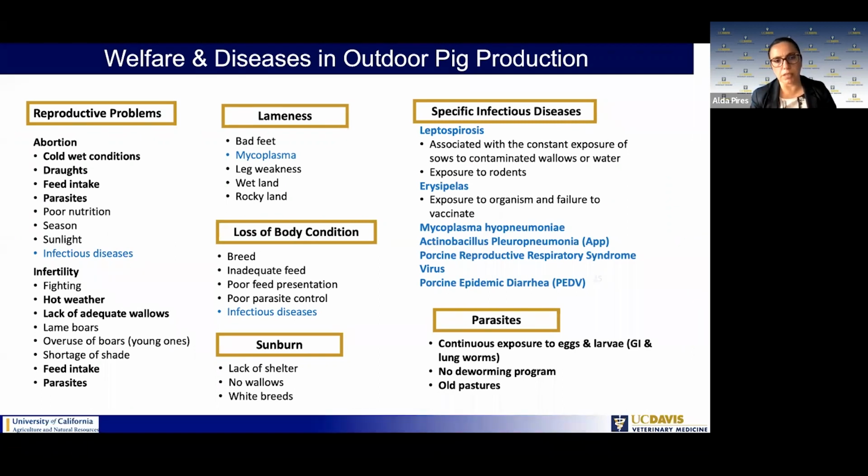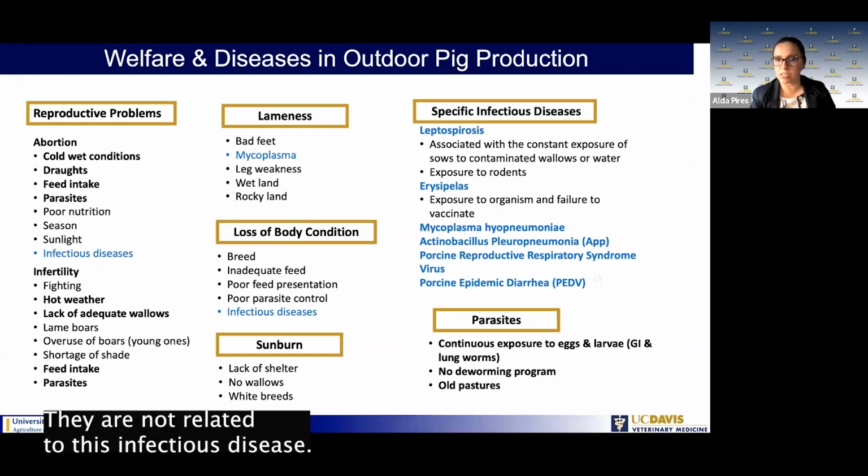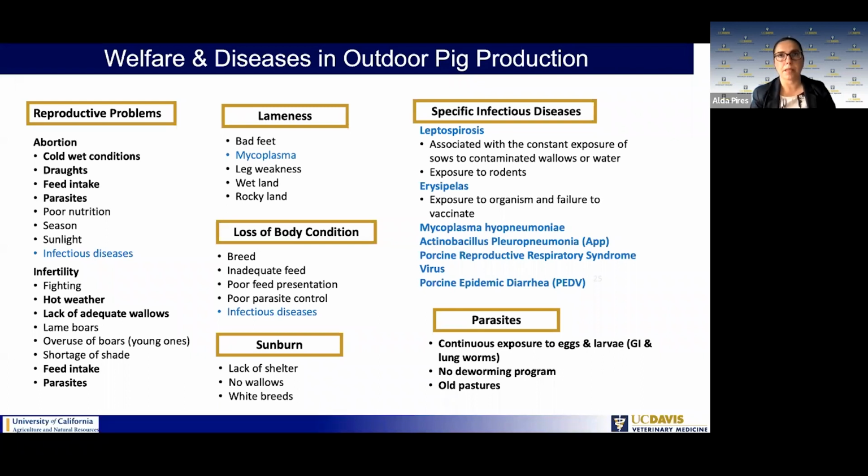What I want to get across on this slide is that a lot of these problems are not related to just infectious disease. They are actually management and some less-than-good husbandry practices.